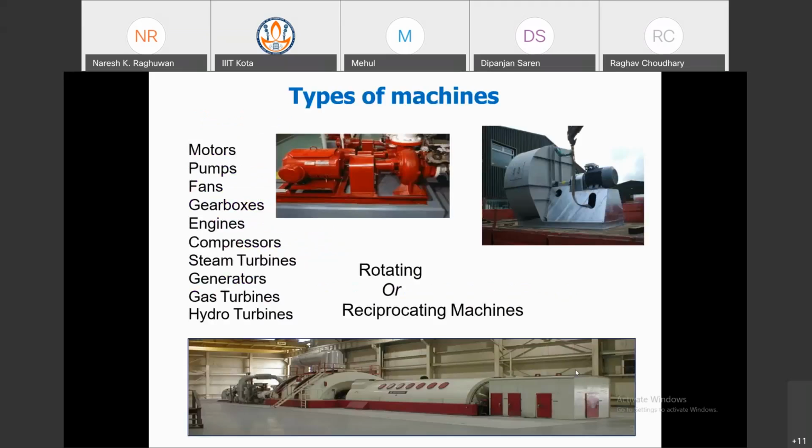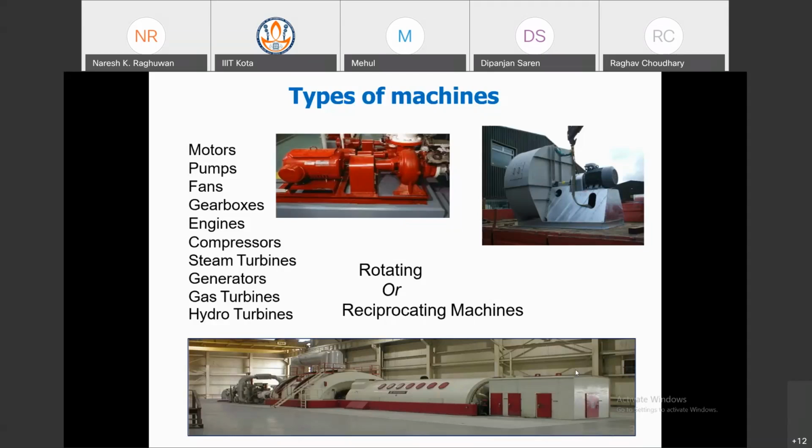Before going into detail, here are some types of machines you will find in mechanical or electrical engineering: electrical motors, pumps, fans. Gearboxes are mainly components for reducing speed and converting torque. In any mechanical machine, you need some gearbox. Also in automobiles like cars and vehicles, there is a gearbox, as everybody knows.